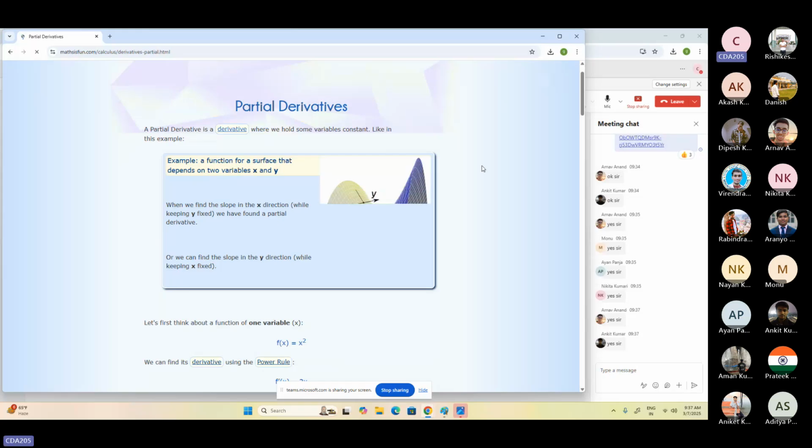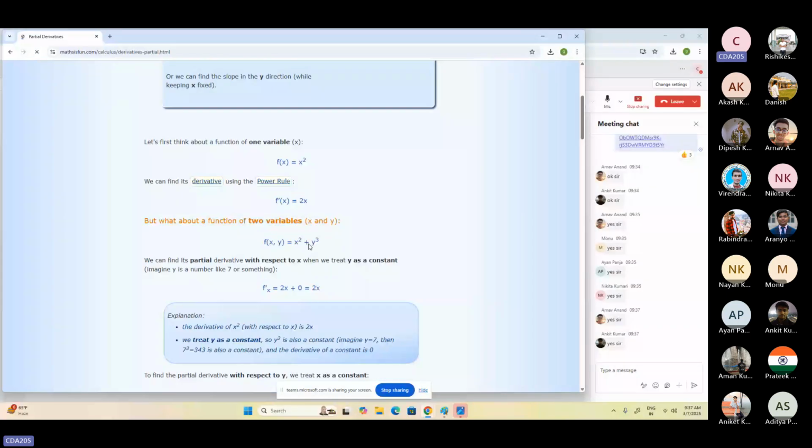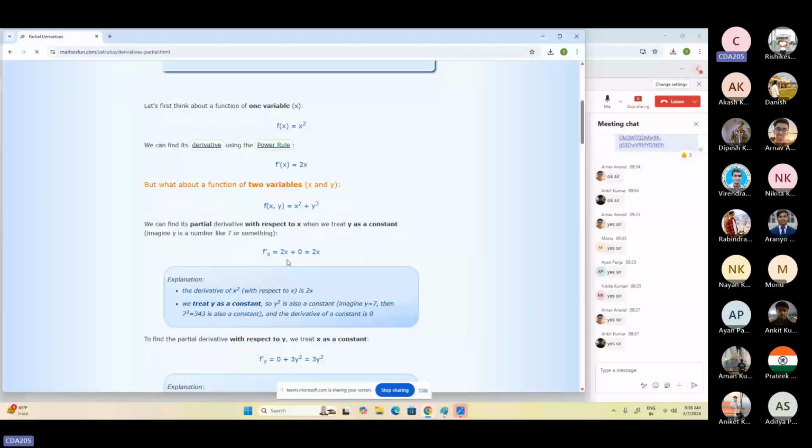What we are doing is holding some variable constant. So we can see f(x) is x square. So what is the derivative? That is 2x. If we have one more variable, y cube, what is the partial derivative? With respect to x, it will be 2x, and with respect to y, it is 3y square.